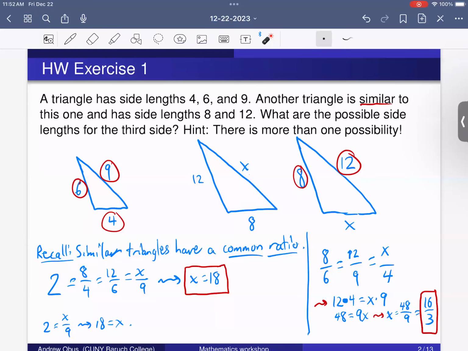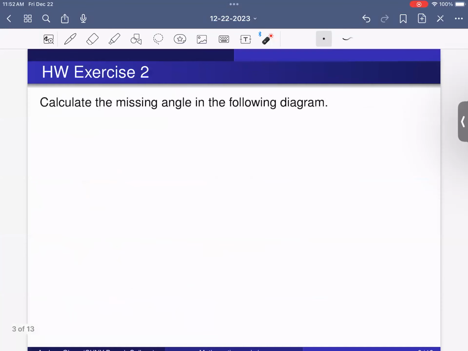Other questions? Okay, so let's move on to the second one. We started quadrilaterals, so we have to find the angle in the following diagram. I'm just going to redraw the diagram. So we have a triangle that looks like this.